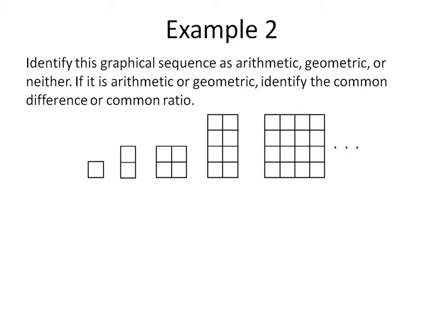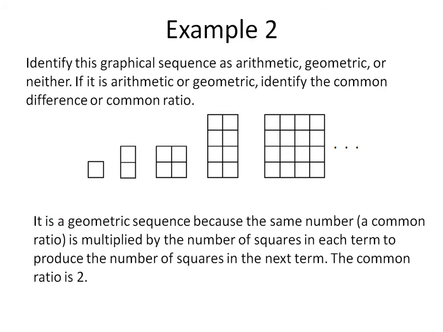We're multiplying by 2 each time. So the common ratio is 2, multiplying the number of squares in each term to produce the number of squares in the next term.